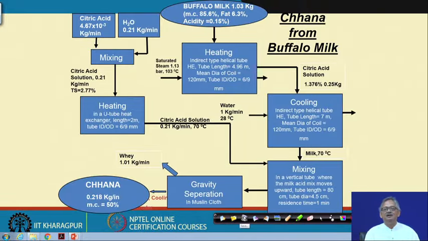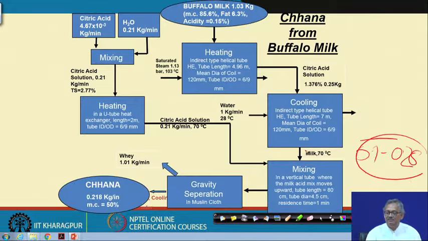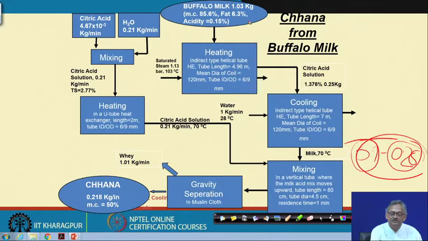We said earlier that for milk between 0.1 to 0.28, the milk is taken as good. 0.1 is the best, 0.28 is gradually going to worse, but up to that limit it can be accepted. So, here our acidity level is 0.15. So, it is a very reasonably good milk, having 6.3% fat and 85.6% moisture. So, this is the starting.